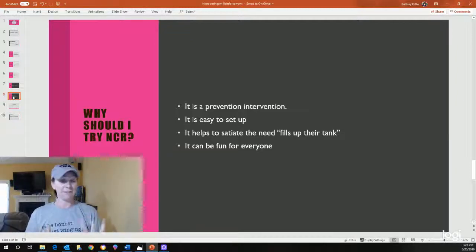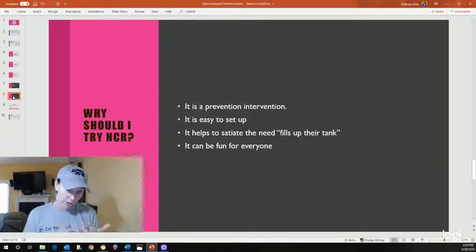And guys, it can be super fun to do this. I have fun just talking about it, but then again, I might be a little bit of an ABA nerd. Sorry. But have fun with it. Play. It gives you an excuse to get down on the floor and play with your kids again. I know I am one of those moms that's on the computer for hours.